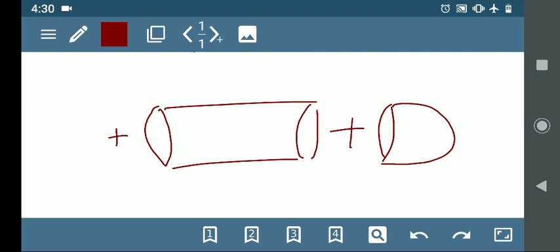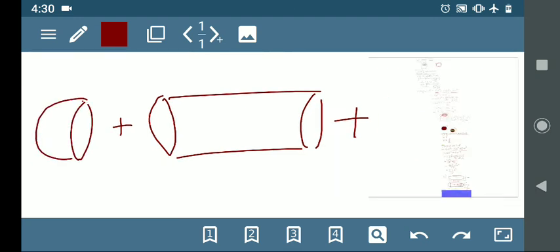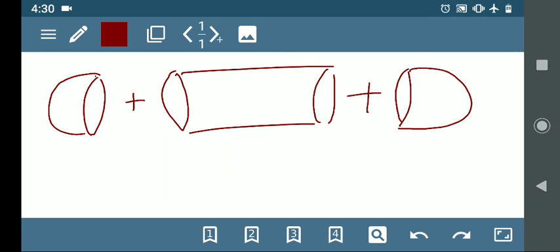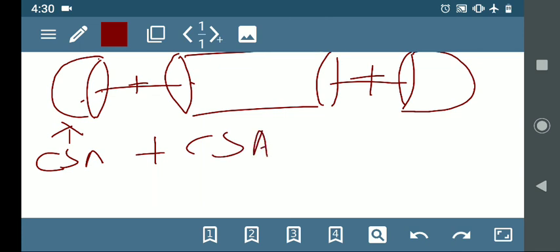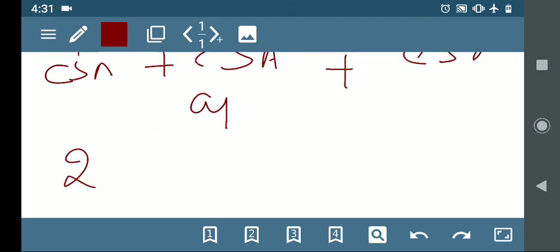Total surface area is the CSA of this hemisphere plus the CSA of the cylinder plus the CSA of this hemisphere, nothing but 2 CSA of hemisphere plus CSA of cylinder. Do it in this way, you will understand.